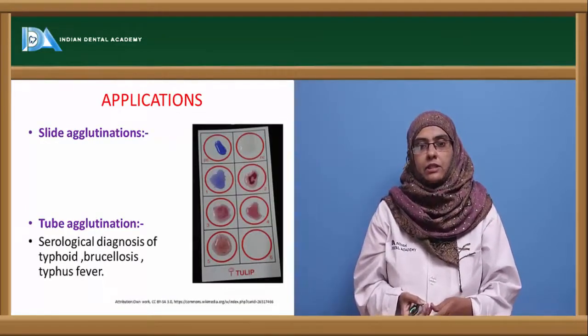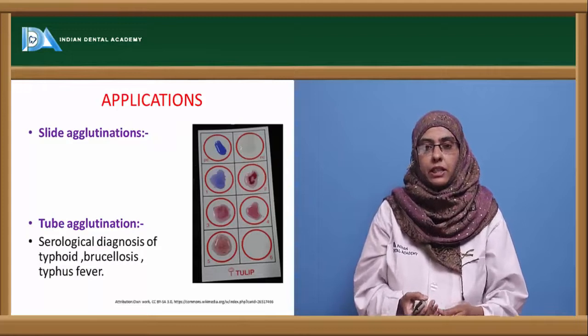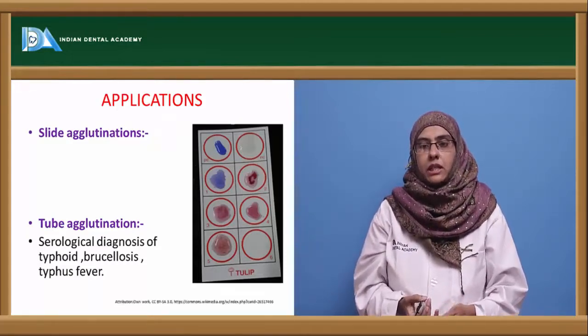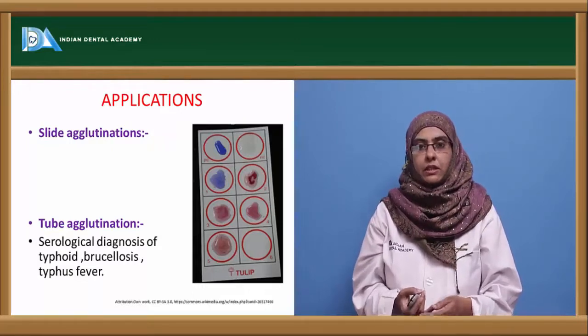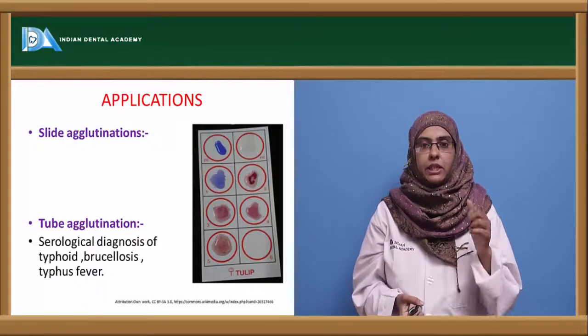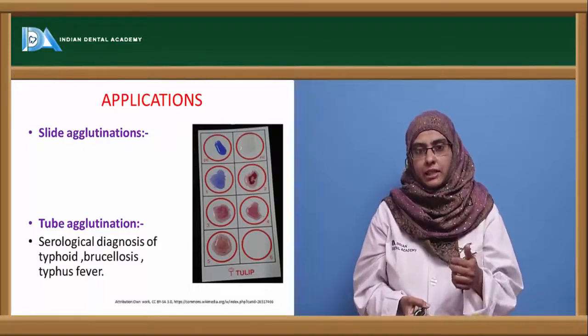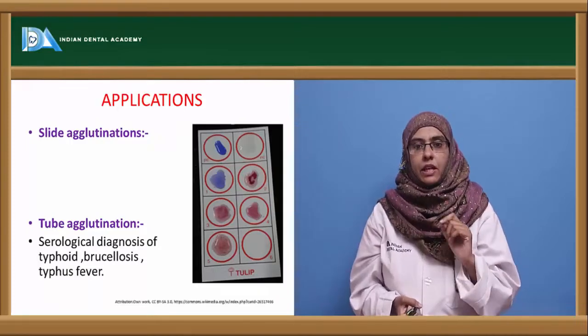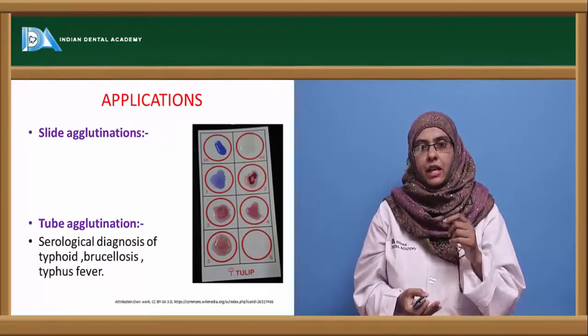The agglutination reaction has a lot of applications in serological techniques. It can be carried out as slide agglutination, where a slide is used and the antigen and the antiserum are added dropwise in equivalent proportion and mixed properly with an applicator stick, and visible clumps can be seen.